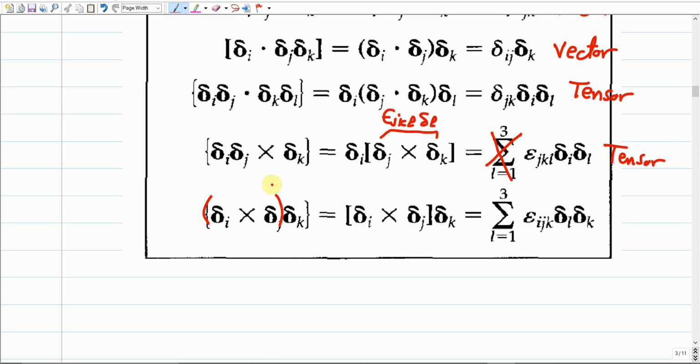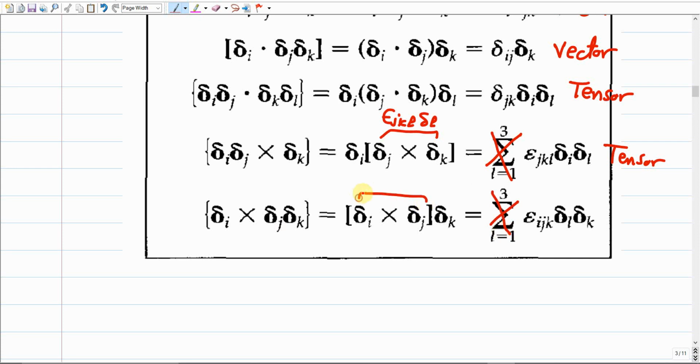So the operation should be done over this term. Okay, let me check something here. Yes, okay, so this operation should be done over these two terms, delta I cross delta J. And the delta I cross delta J gives us, again, we're going to get rid of this sum.